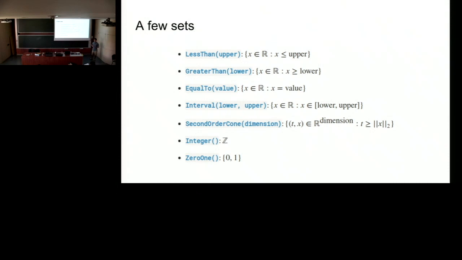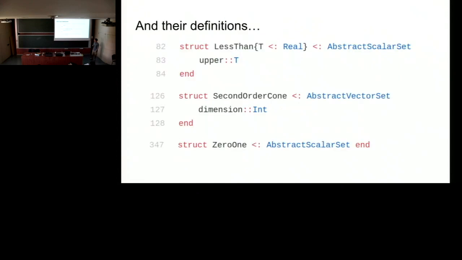These are a few of the sets that we've defined in MOI. And the definition, pretty straightforward. For example, the less than set, you just provide your upper bound. Second order cone, the only parameter is the dimension. And the 0, 1 set has no parameters. It's just an object with no fields.